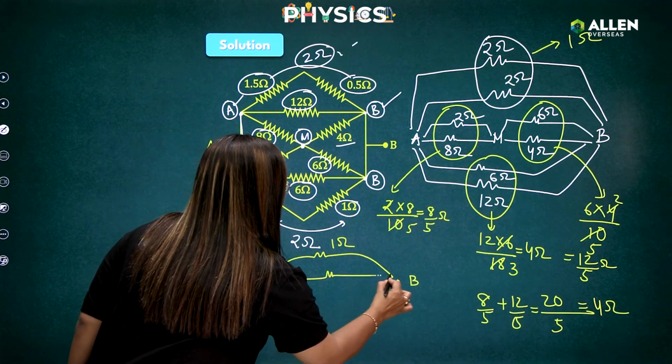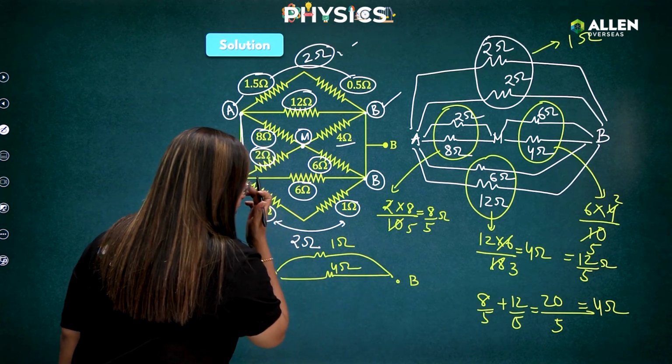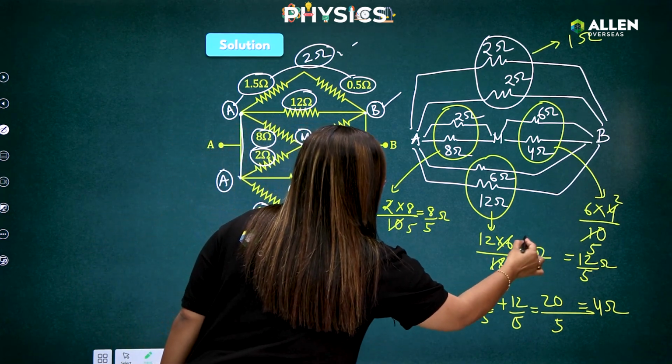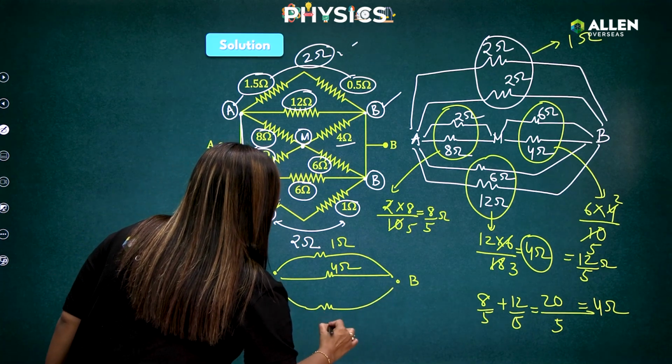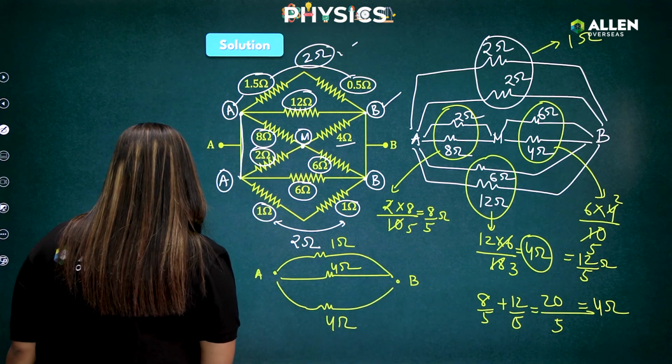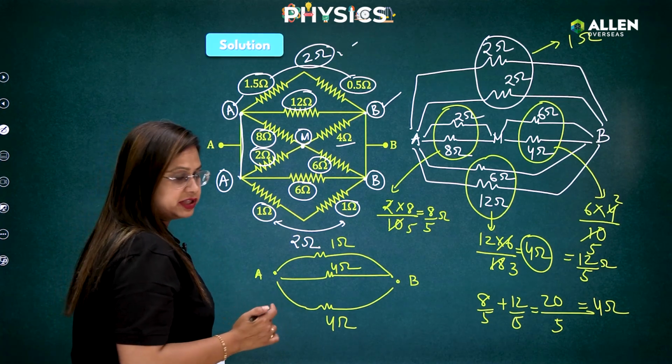So this can directly be connected across them. This is 4 ohm. Last but not the least, this is 4 ohm, which is again going to be connected in parallel with this. Again, all these three resistances are in parallel with each other.